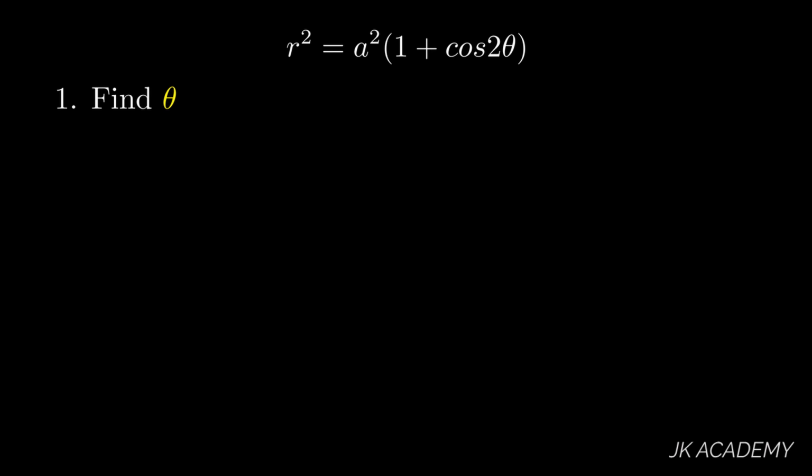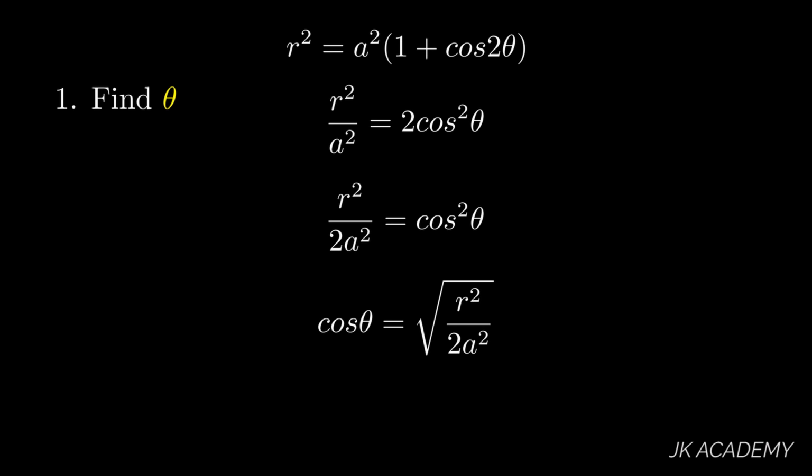So we rewrite this as r²/a² = 1 + cos 2θ, which is 2cos²θ. Now we send 2 to this side, so r²/2a² = cos²θ. Now we take the square root, so cos θ = √(r²/2a²).